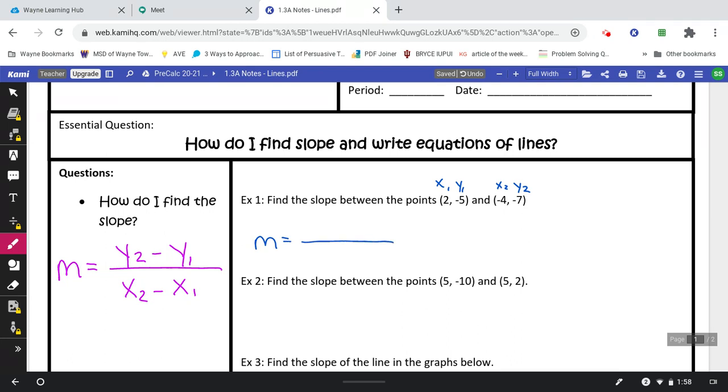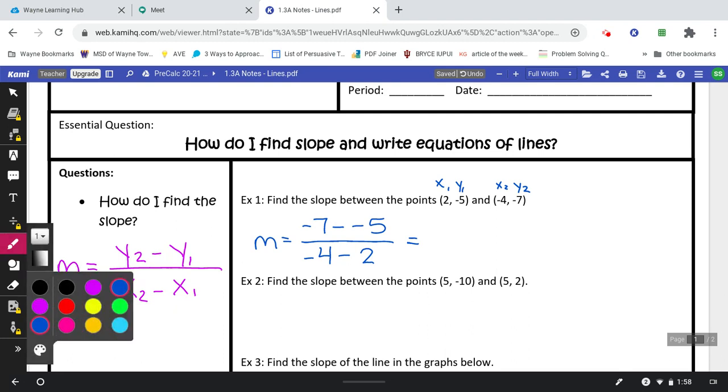Then we set it up, making sure that everything is in the correct place. -7 minus -5, and -4 minus 2. Notice the double negative that's happening at the top here.